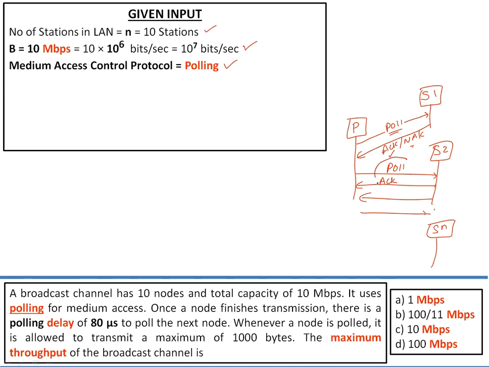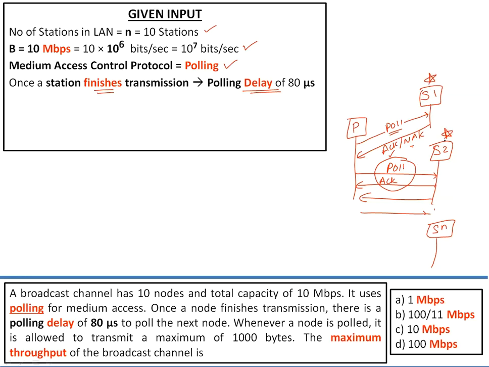That means every time the primary station has to poll the secondary station: do you have data to give to me? So once a station finishes transmission, a polling delay is there, because after finishing, another station cannot start immediately. Some polling delay is there in the middle, poll and acknowledgement, or poll and negative acknowledgement.